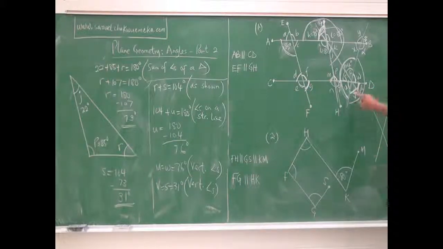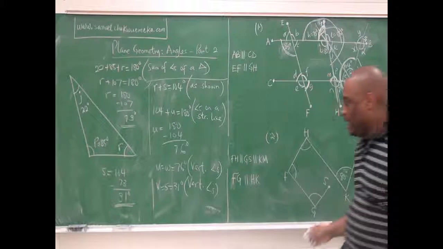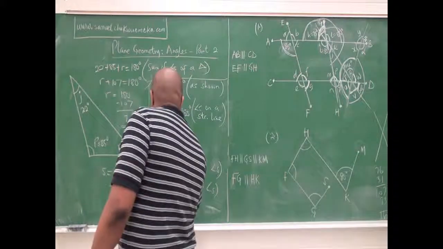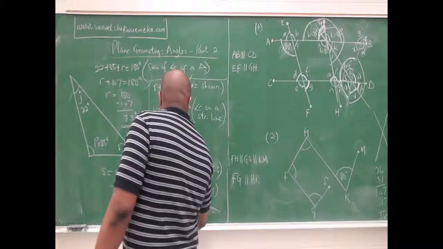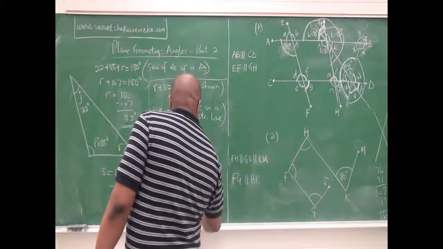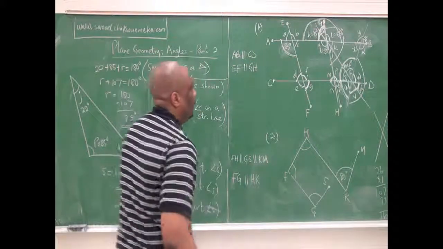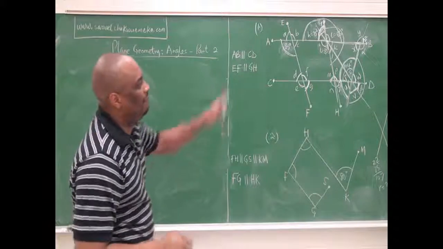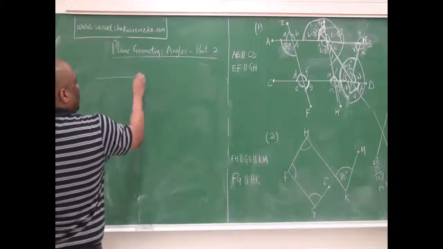So we see that 31 plus W, 76, is 107. And of course, beta is R, which is 73. And 107 plus 73 gives you 180 degrees. So R is equal to beta, which is 73 degrees. And these are vertical angles also. So let's go ahead and find the X, okay? So we have this.